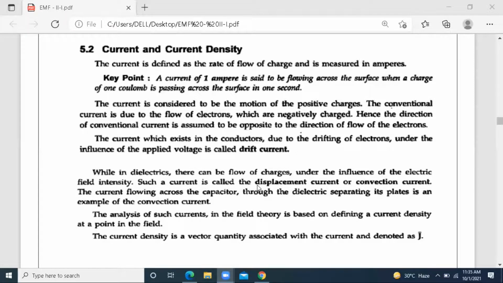Oh, wait, sir, before you continue, I wanted to clarify something in that sentence. It said under the influence of the applied voltage. Should that be under the influence of electromagnetic fields? Because that confused me. I think they mean like if I apply a DC source, like a battery.